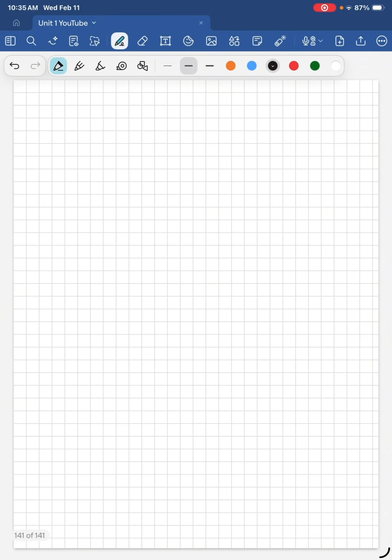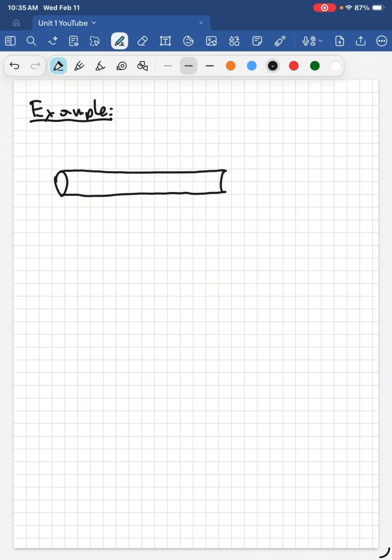Let's do a brief example, a quick example just to get a feeling of the order of magnitude of these things. So let's say that we have a wire. This is the cross-sectional area.